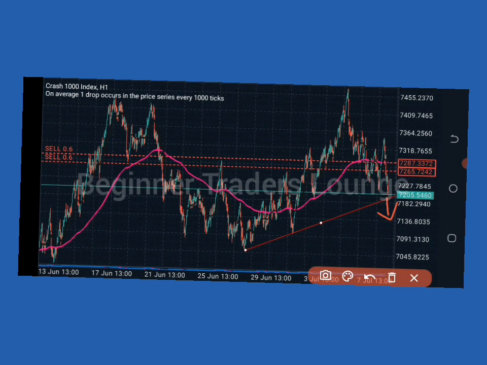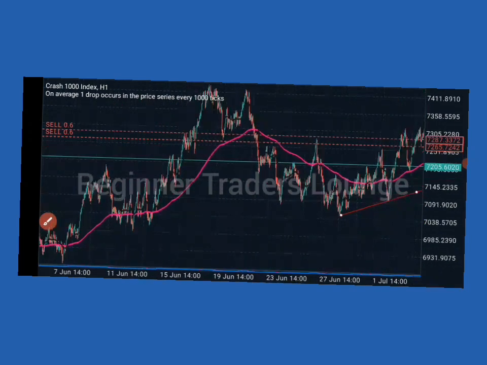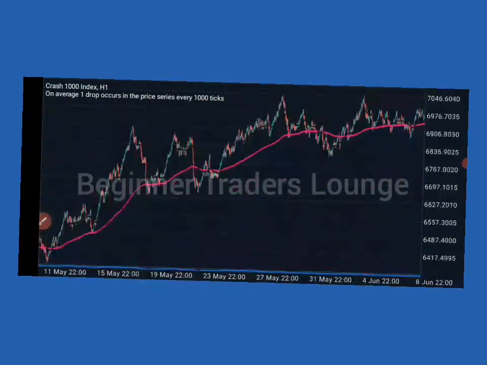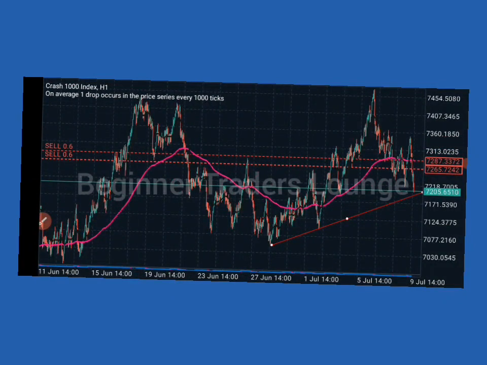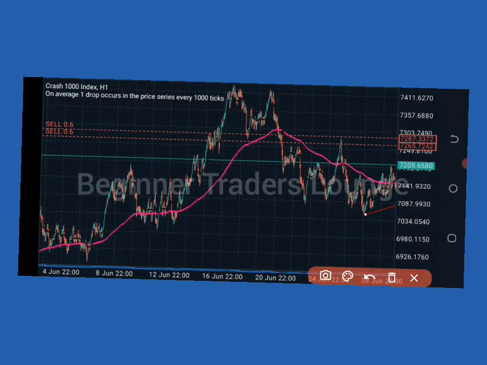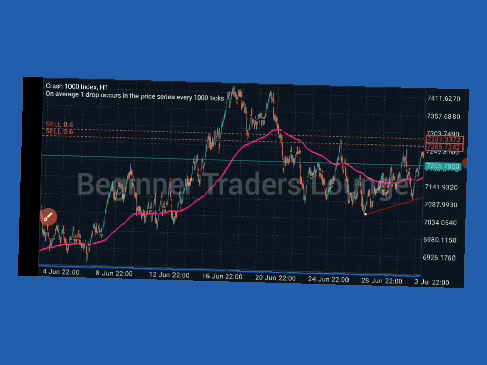So if it breaks there and I go short, the first TP will be around here, and the second one will be only if the market will travel. The second one will be somewhere here for the TP.